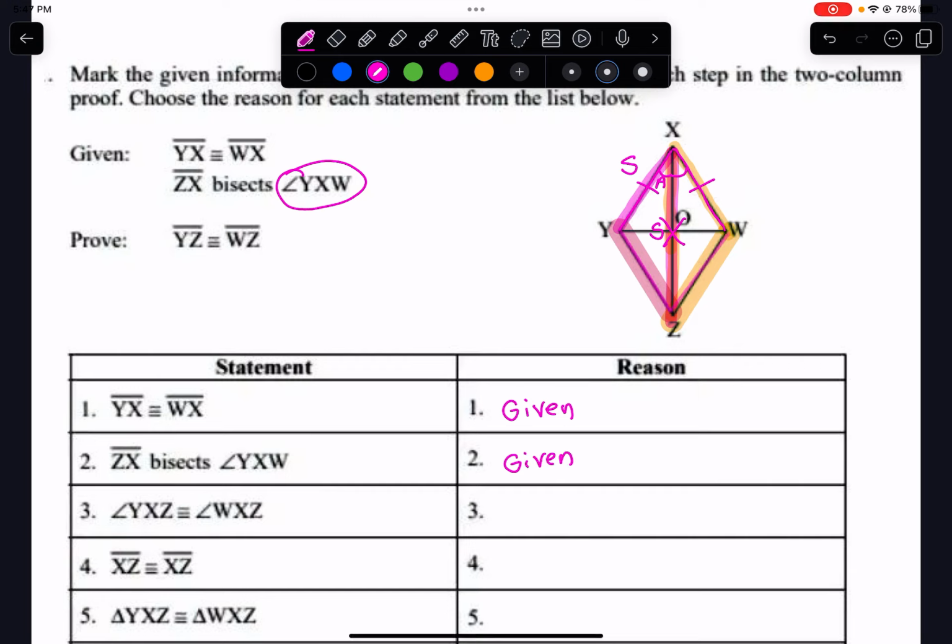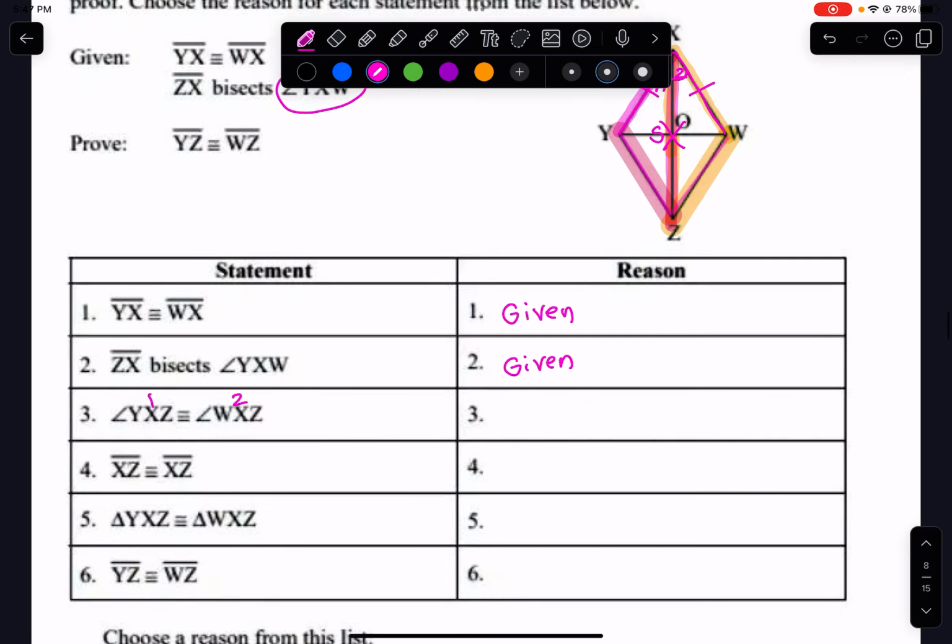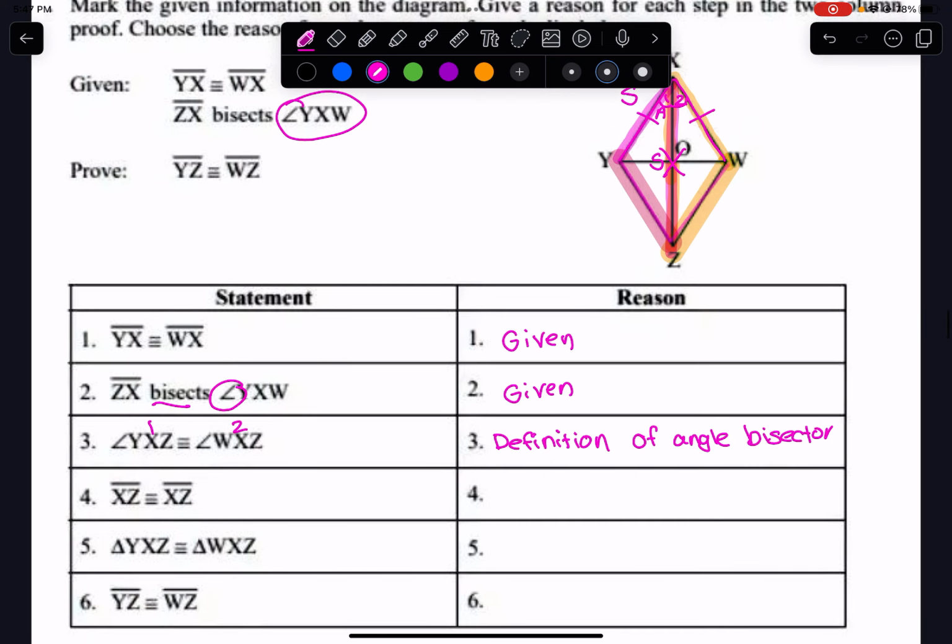So they name the angles. If we call this angle 1 and angle 2, we know that those two are congruent because of the definition of an angle bisector. Again, look at the given information. The given information is telling you bisects, angle. Angle bisector is your reason. XZ is congruent to XZ whenever something is equal to itself. We use the reflexive.